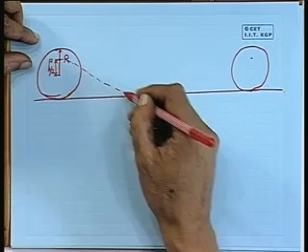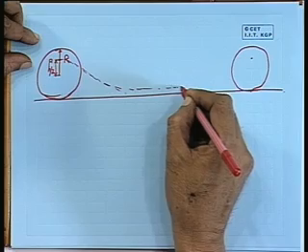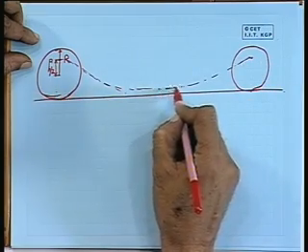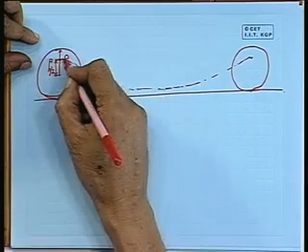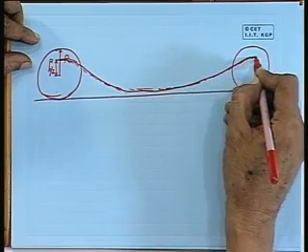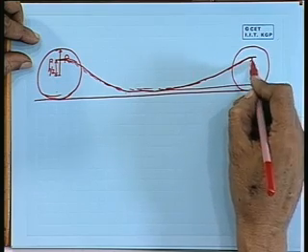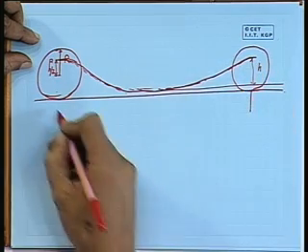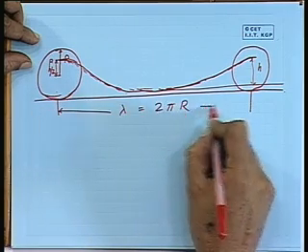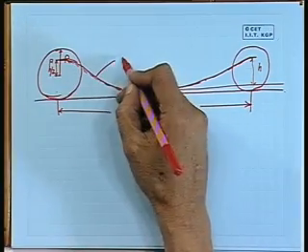It has to travel somewhere here. It cannot go beyond this, no? So, somewhere here, this will be the trace and this becomes your h, and this length here is lambda, which is equal to 2 pi r. And this curve is a trochoid.